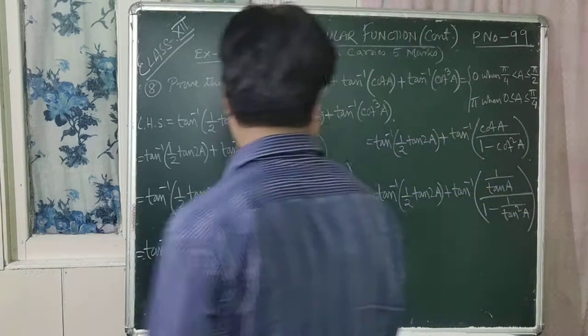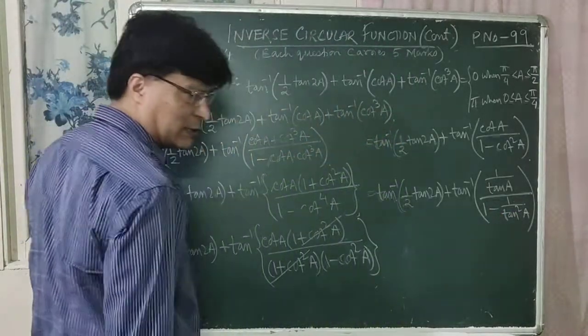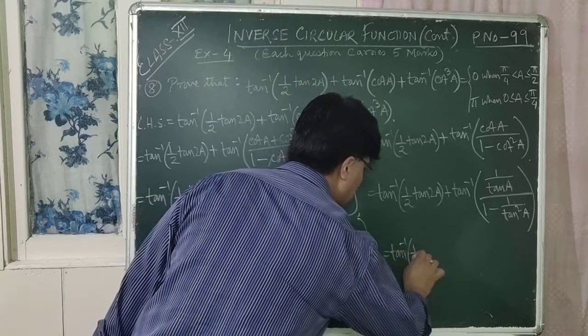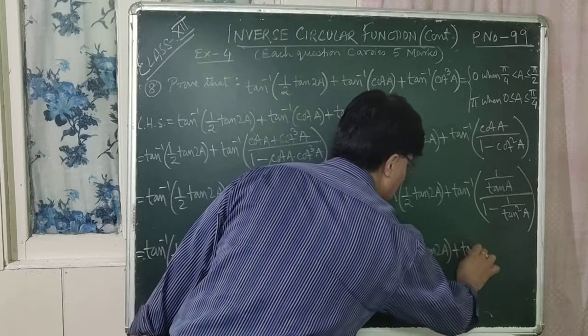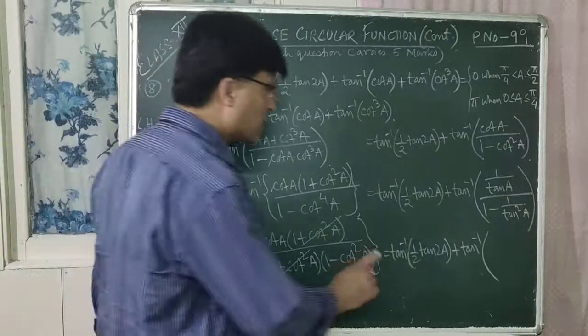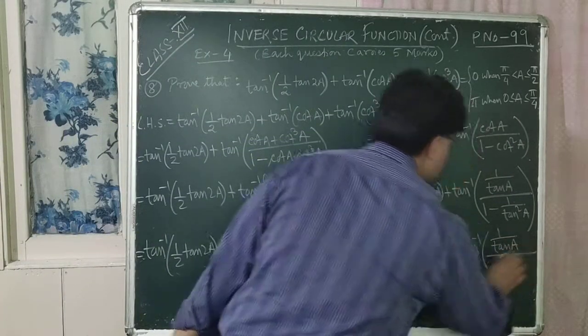So now let us simplify it further. You can take the LCM here in the denominator, okay? So it is equal to tan inverse half tan 2a plus tan inverse within bracket. So the numerator remains the same, that is 1 upon tan a. It will not change.